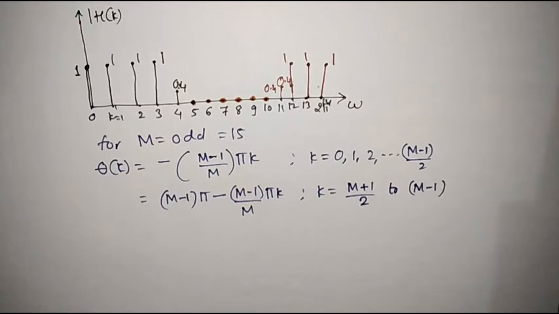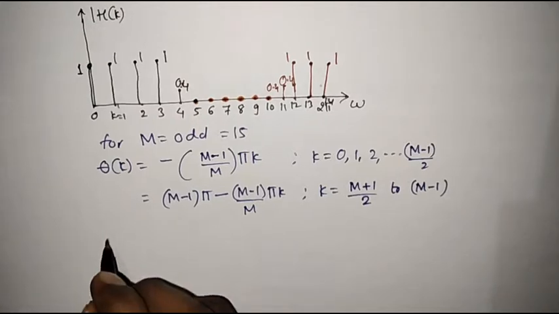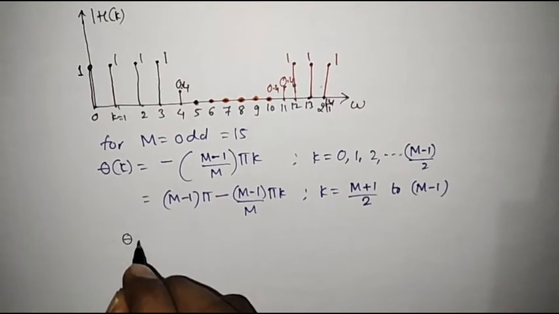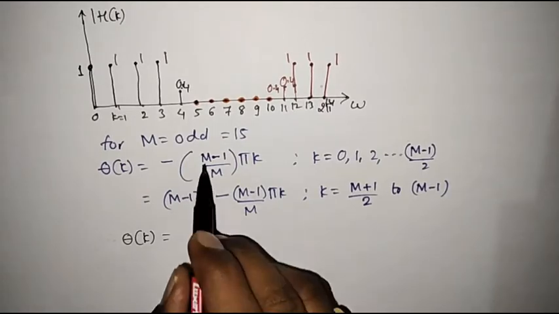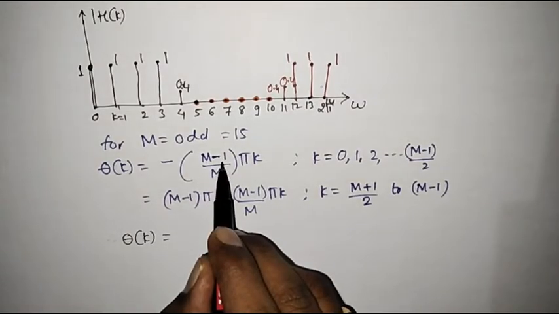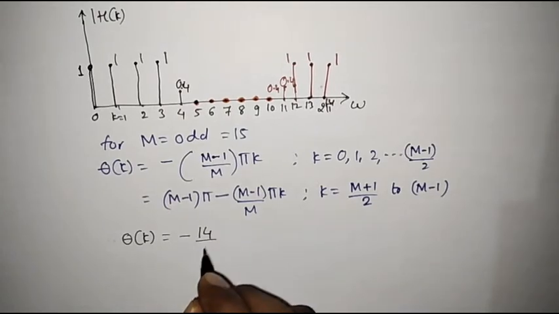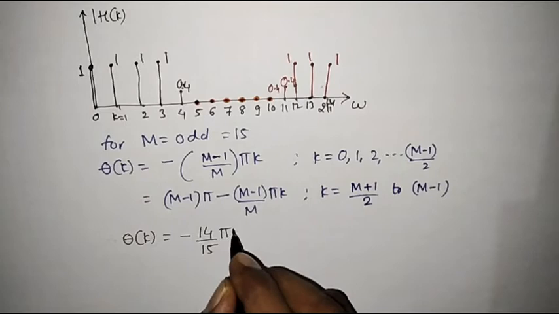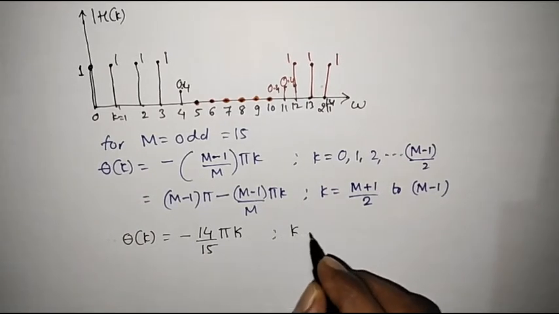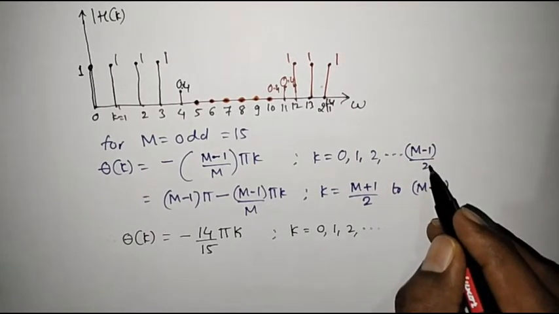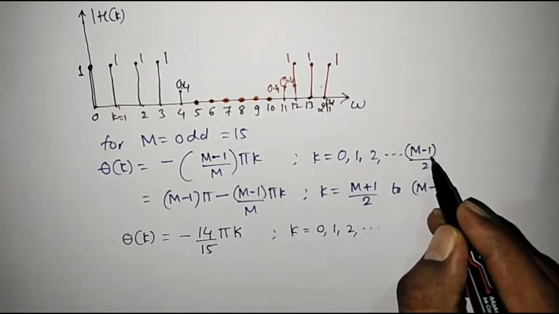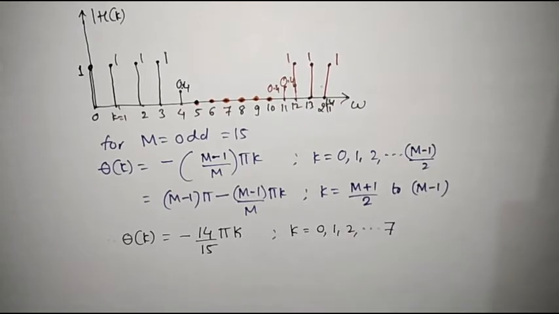Now let us write theta of k with respect to the given value, that is M equal to 15. Therefore, I can write theta of k is equal to, here M is 15, 15 minus 1 is 14, so minus 14 by 15 pi k, where k varies from 0, 1, 2 up to (M minus 1) by 2, that is 14 by 2, which is 7.